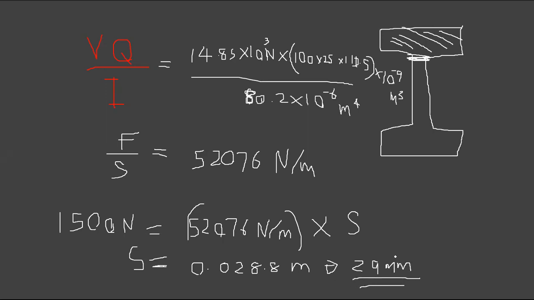29 is something that cannot be easily measured, so you have to be practical as well. Mathematically this answer is okay, but if you keep the spacing larger than this, probably your beam will fail, because the smaller your spacing, the more nails you have to resist shear.